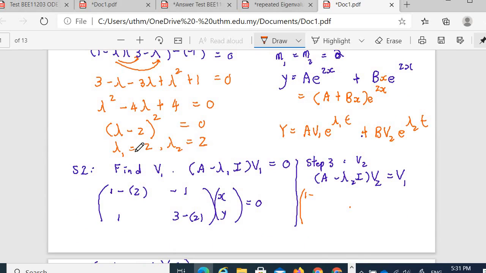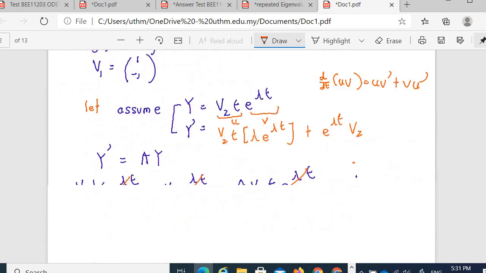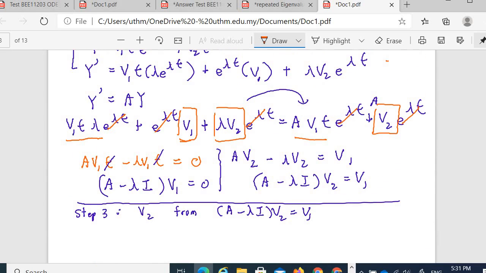Okay, and then you get a repeated eigenvalue. So V1 as usual is solve (A minus lambda 1 I) V1 equal to 0. And for V2, for repeated eigenvalue, you solve (A minus lambda 2 I) V2 equal to V1. Okay, all the long derivation is just for your understanding of why the formula is like that.